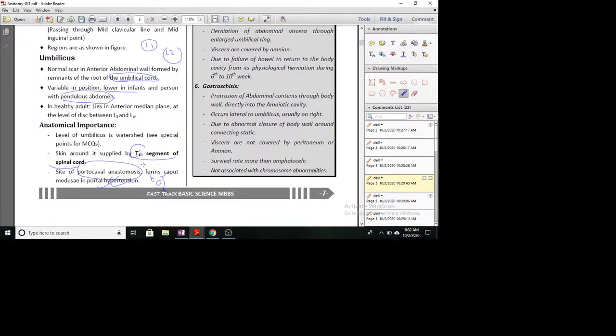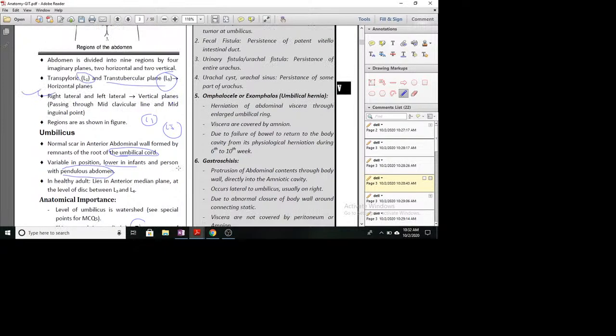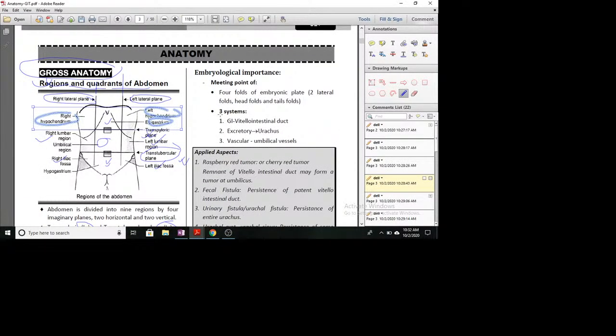Since the blood cannot enter the liver, it regurgitates and comes back to the veins surrounding the umbilicus, giving the condition called portal hypertension, caput medusae. Embryological importance: the meeting point of the GI vitelline duct, the urachus, and the umbilical vessels.